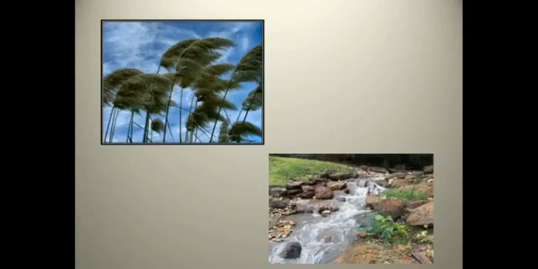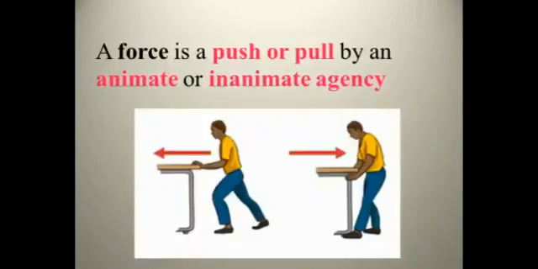Could you see from the first picture, the wind is blowing the grass to move. And in the last picture, you can see that the stones are all moving down a stream. So, sometimes push or pull can also be due to an inanimate agency. From this, what do we observe? A force is a push or a pull by an animate or inanimate agency.